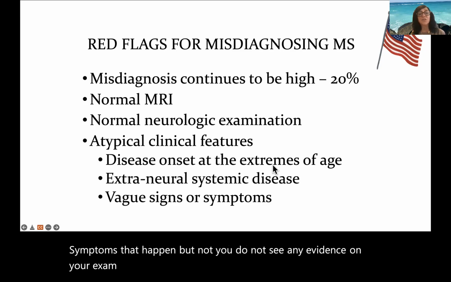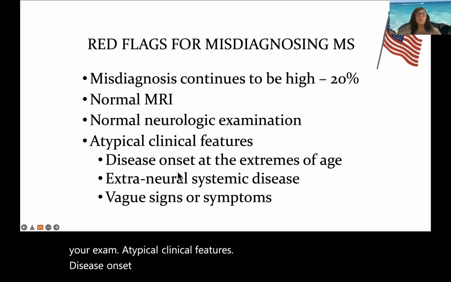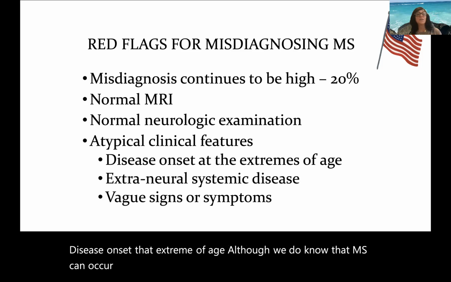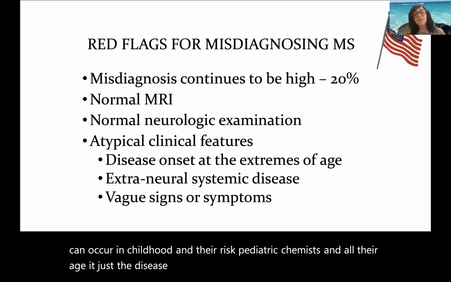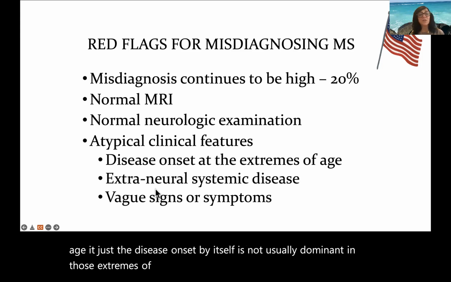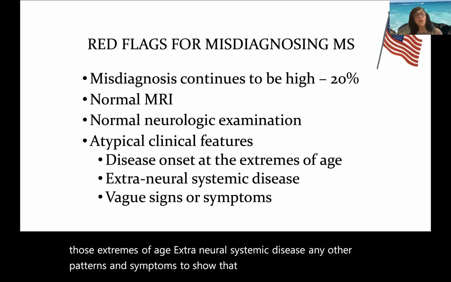Atypical clinical features include disease onset at extremes of age, although we do know that MS can occur in childhood, and there is pediatric MS and older age. It's just that disease onset by itself is not usually dominant in those extremes of age. Also extraneural systemic disease, any other patterns and symptoms to show that there is other involvement.